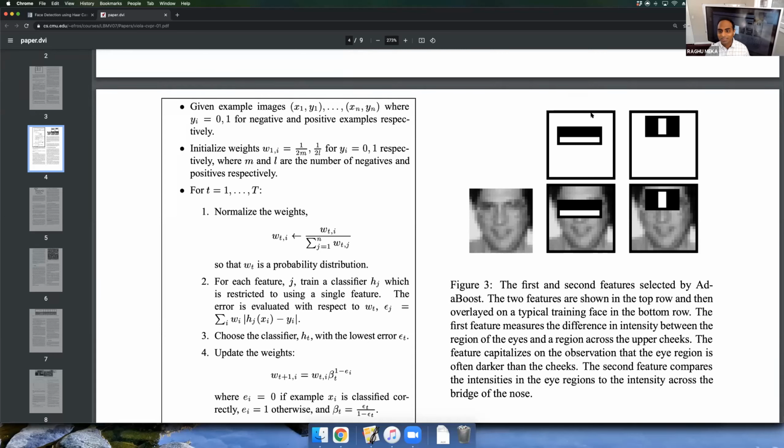Can anyone guess why that might do slightly well in detecting faces? Well, okay, their reasoning was that eyes are usually darker than the cheeks. When you take a picture, eyes might be darker than your cheeks. Right? So that's one simple way to classify faces.